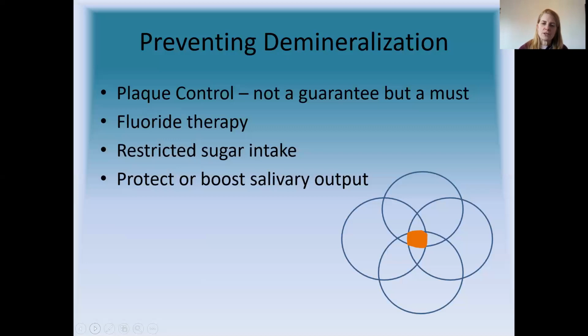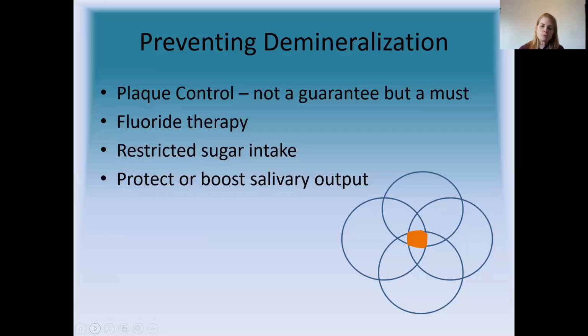We've got to get patients to get the plaque under control. So the brushing frequency and technique is important. Not a guarantee that they're not going to have big demineralization or caries, but you've got to get that under control. Anytime we can increase their fluoride, whether that's fluoride toothpaste or prescription fluoride toothpaste, we talked last time about the typical over-the-counter toothpaste being 1,000 to even up to 1,500 parts per million.